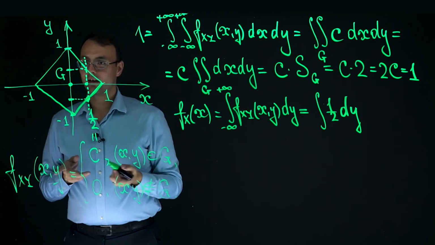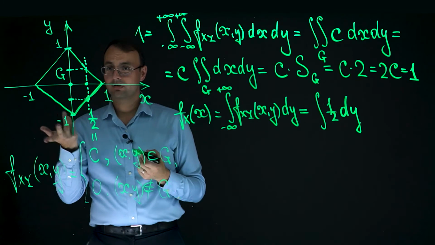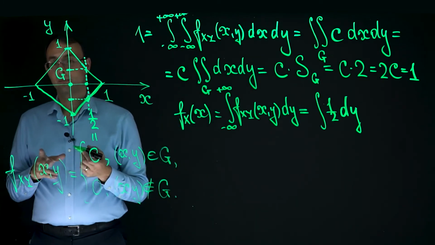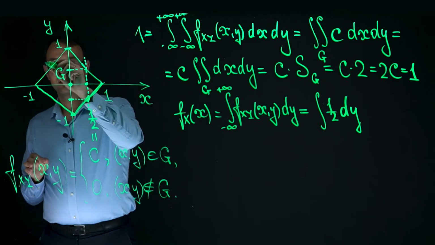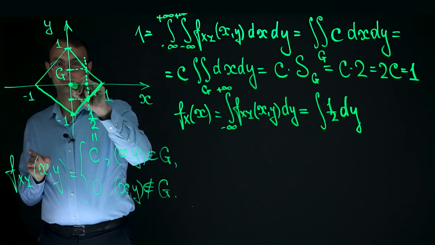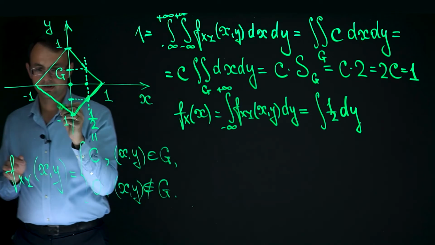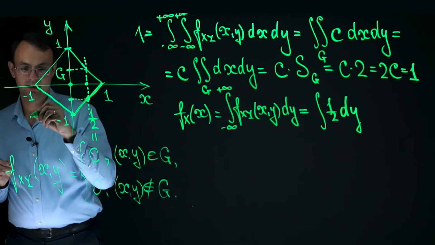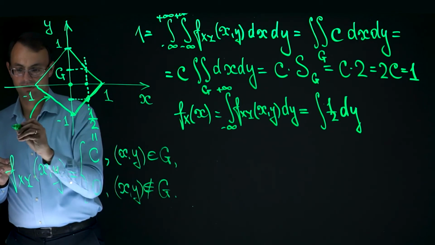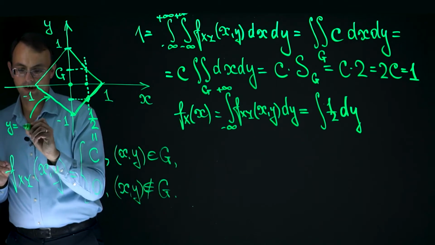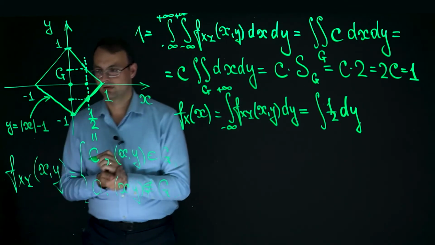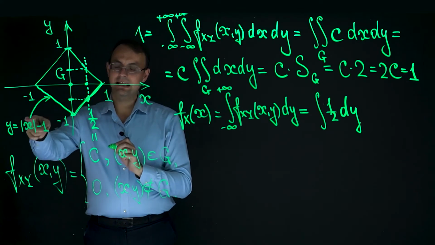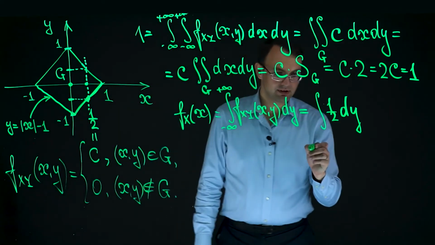It would be modulus of x if it were starting from here. But now we can say that this function is y equal to modulus of x minus 1, and this is the lower limit of integration.